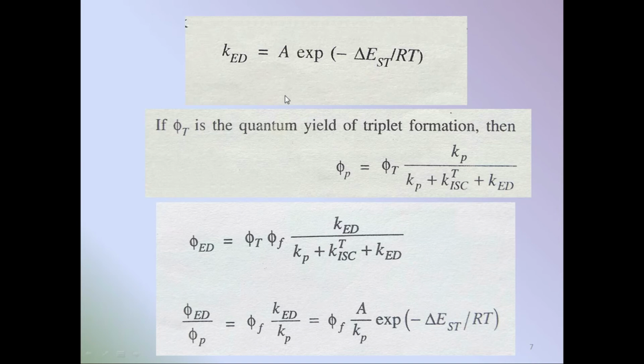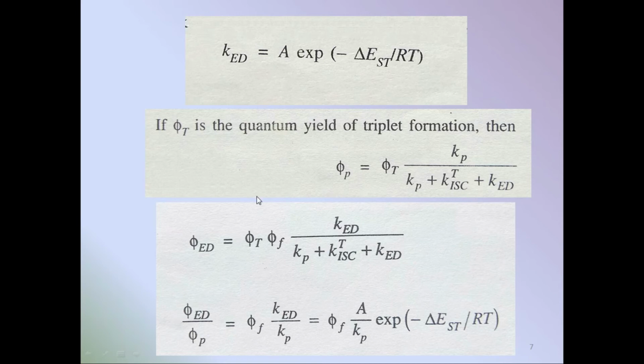The ratio of quantum yields phi p to phi ed, of phosphorescence and E-type delayed fluorescence, is deduced as follows. If phi t is the quantum yield of triplet formation, then phi p equals phi t into Kp upon Kp plus Kisc plus Ked, as shown in the second equation.